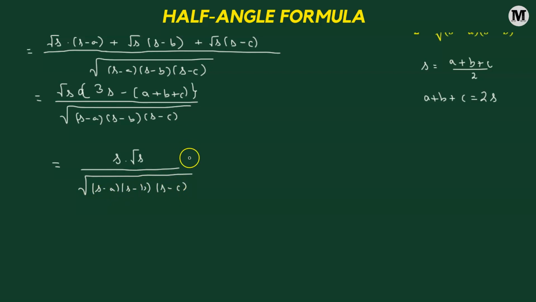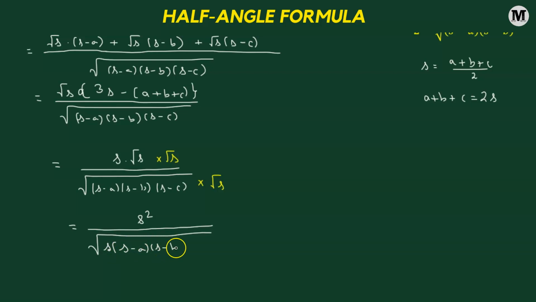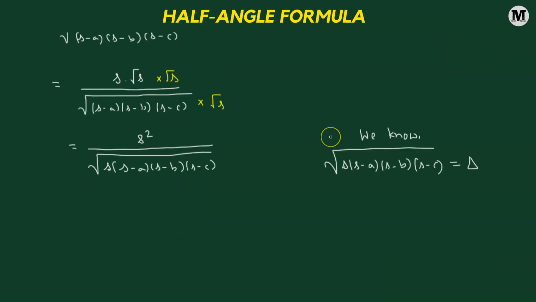Now we will be multiplying the numerator with square root of S, and we're also going to multiply square root of S to the denominator such that we get S squared in the numerator. This is going to be divided by the square root of, we're going to combine to get S times S minus A times S minus B times S minus C. However, we know for a fact that the square root of S times S minus A times S minus B times S minus C is nothing but the area of the given triangle ABC.